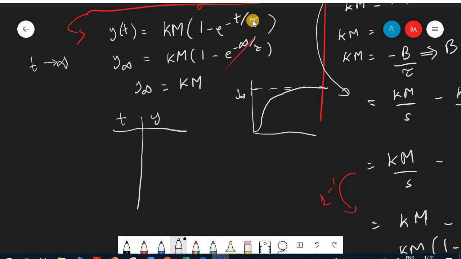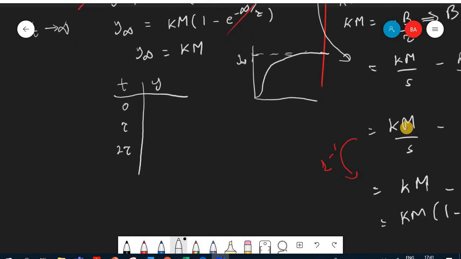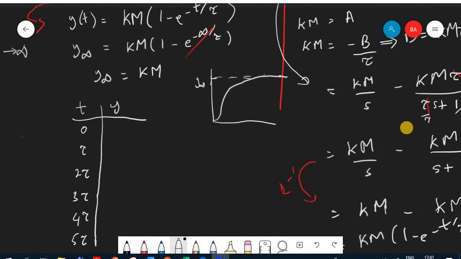If it is known, I can substitute 1, 2, 3, but if it is unknown, I will have a problem of substitution. So I'm going to substitute 0 tau, then 1 tau, 2 taus, 3 tau, 4 tau, 5 tau, and so on.